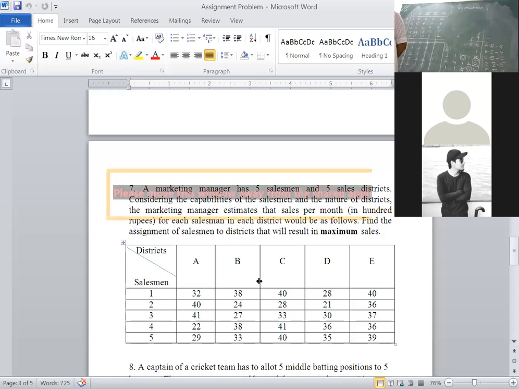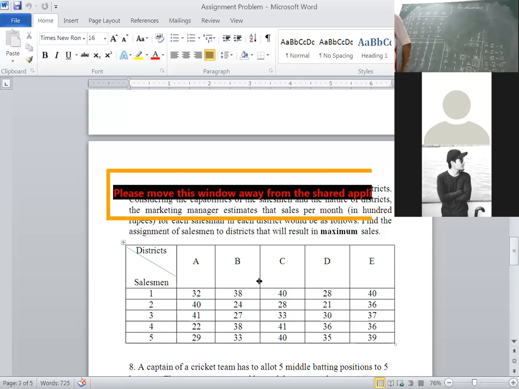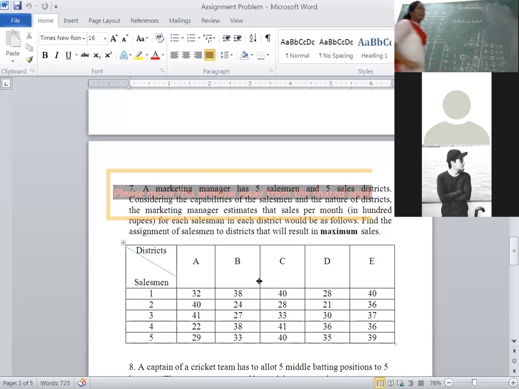It has repeated twice, in the third row A and the fourth row C. Then you have to subtract all the elements from 41, that is 41 minus 32, 41 minus 38, and so on for the entire matrix. The resultant matrix is known as the opportunity cost or relative loss matrix. Clear?